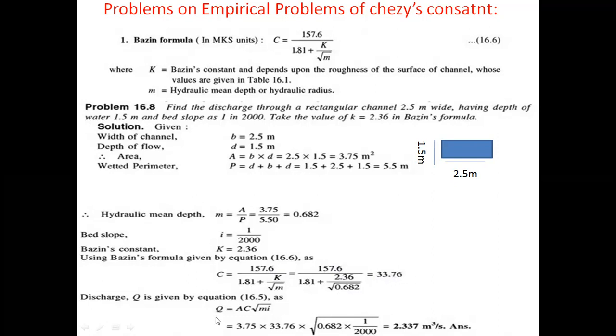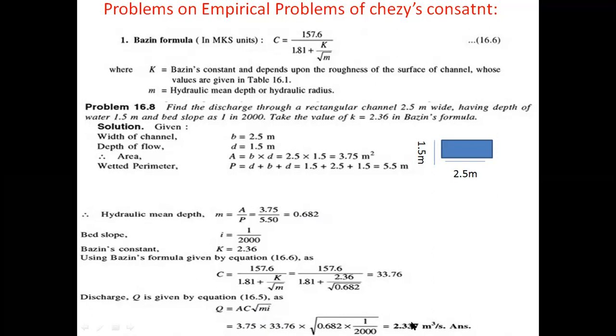By using this value, you find out the discharge of this channel. By applying this value in the Chezy's constant, find the discharge of the channel. Q equals A C root of M I. Here A equals 3.75, C equals 33.76, M equals the hydraulic mean depth 0.682, and I value is 1 by 2000.